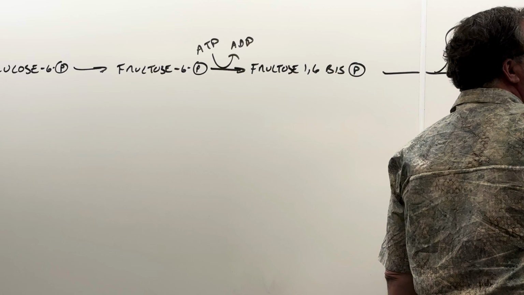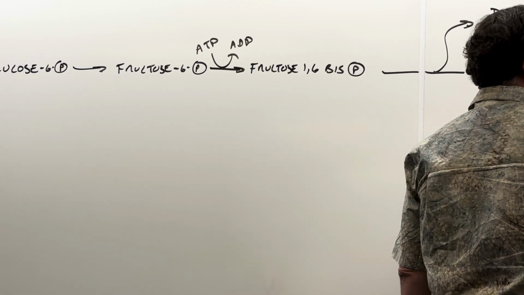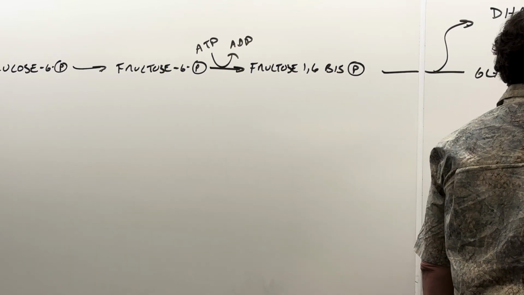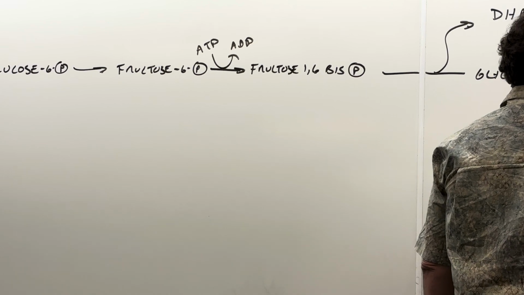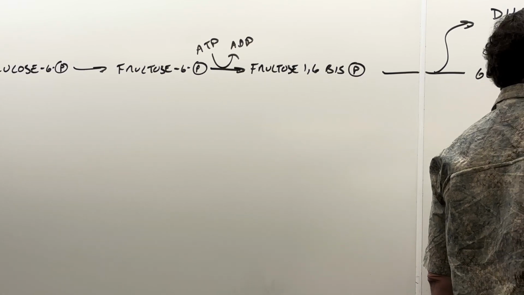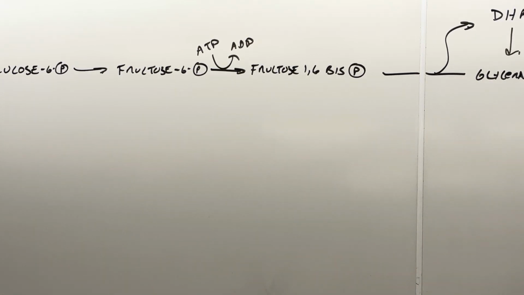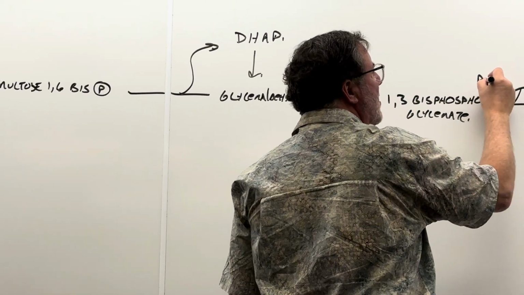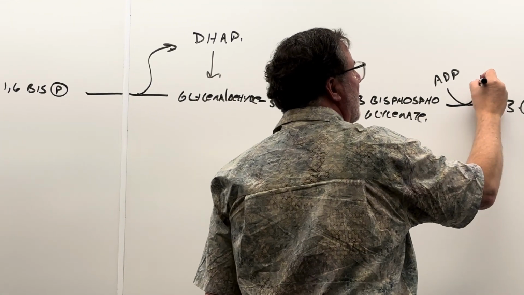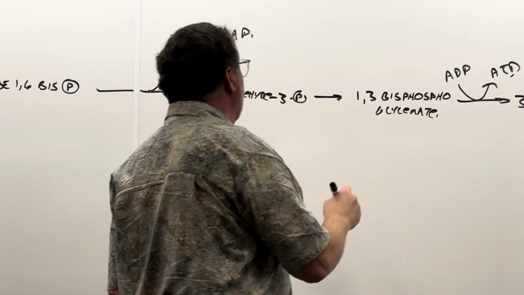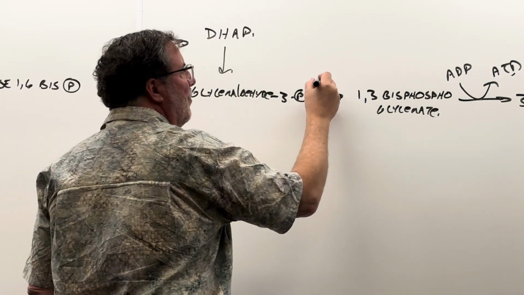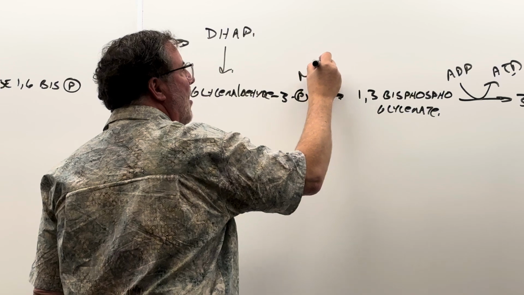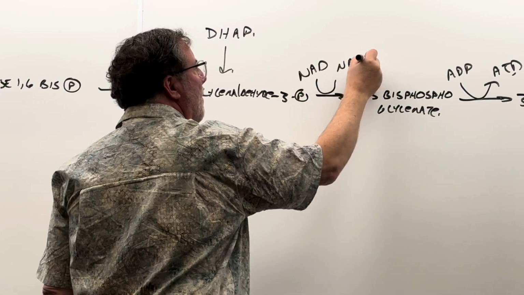Then we get 1,3-bisphosphoglycerate. Then we have 3-phosphoglycerate. This actually gets us an ATP. Oh, this one too, we end up taking NAD plus, making NADH.